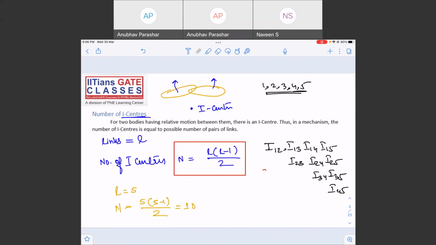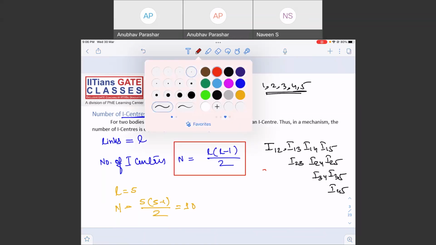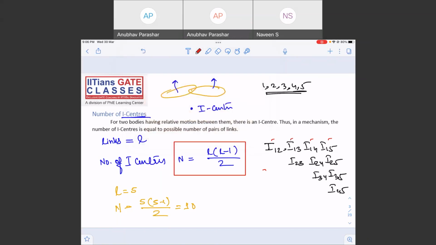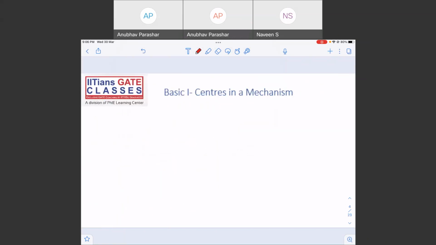So let us count how many I centers in total: 1, 2, 3, 4, 5, 6, 7, 8, 9, 10. So there are 10 I centers if the number of links is 5. Please remember this formula. This formula is important. Objectives are directly asked.